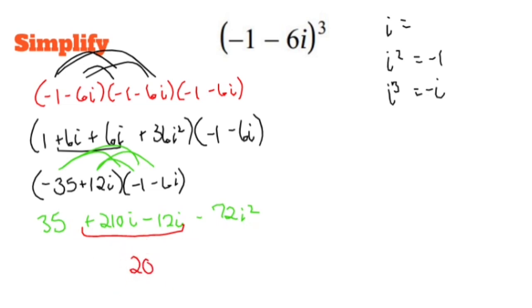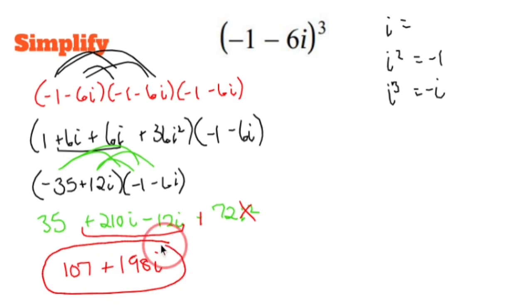Nope, just kidding. 198i. That becomes plus 72 and 35. Oh my gosh, 35 plus 72 is 107. Now it's in complex form. Now it's completely simplified. Now it's beautiful. The end.